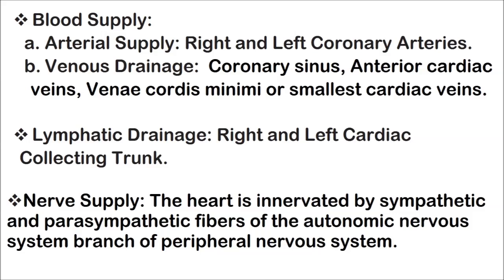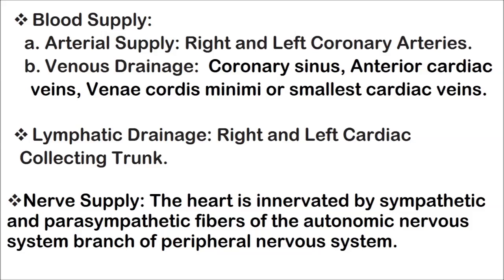In the arterial supply, we study the origin and course of artery. Artery is a blood vessel which carries the blood from the heart to the different organs, tissues, or parts of the body. For example, we have right and left coronary arteries.